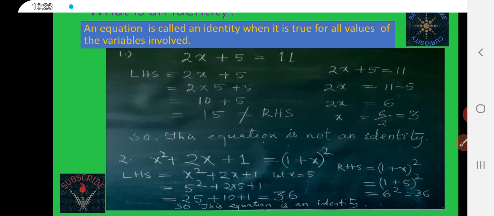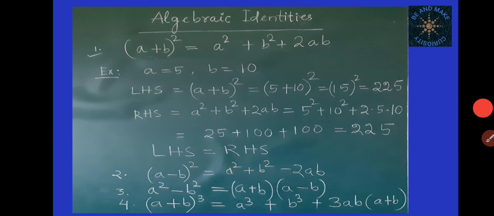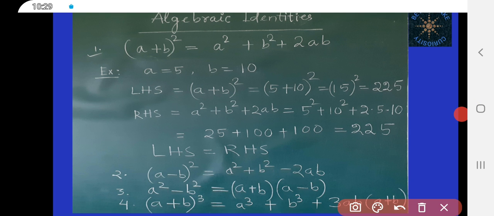Understood? See, algebraic identities. Here is a well known identity: (a plus b) whole square is equal to a square plus b square plus 2ab. You know it. Here the variables are a and b.